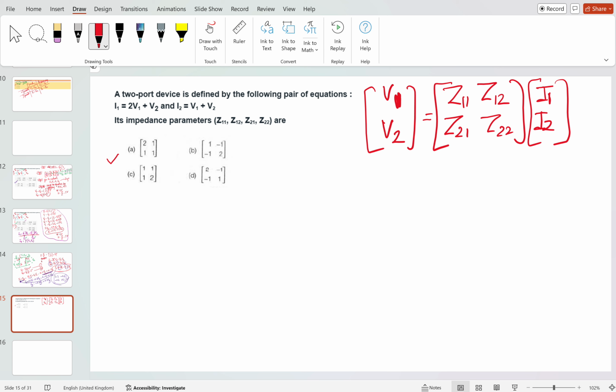It's simple only. You only have to write the V1 and V2 equations in terms of I1 and I2. Rearrange it, put equation 2 into equation 1. You can do anything, and just find V1 in terms of I1 and I2. And the constant which you get is simply equal to Z11 or Z12.